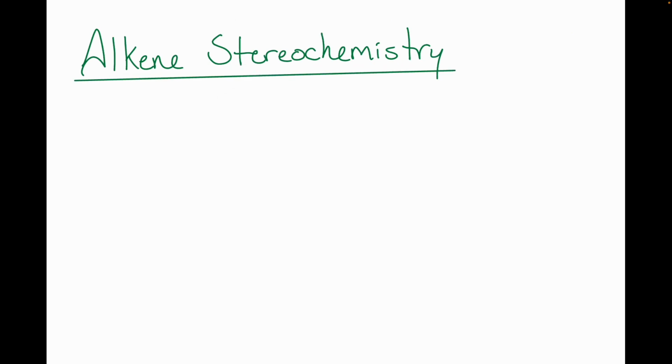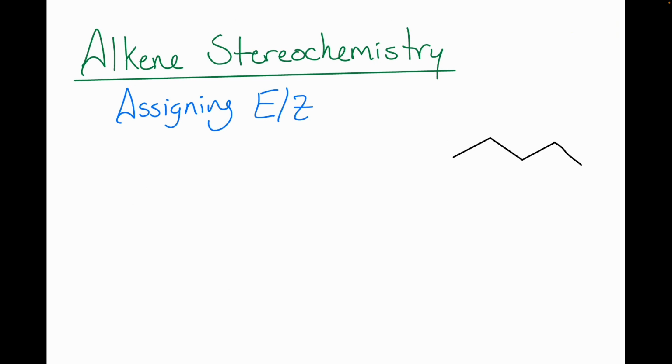And then we don't use R or S, we use what? E and Z. So E and Z, assigning E and Z stereochemistry. All right, and we did practice this a bit this semester, so let's just go through it kind of quick here.